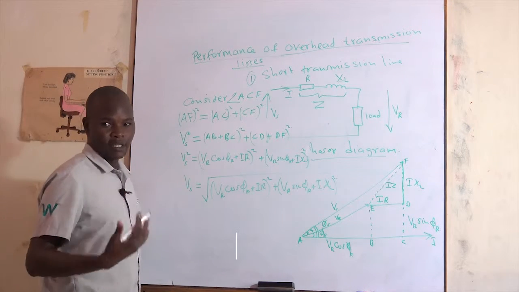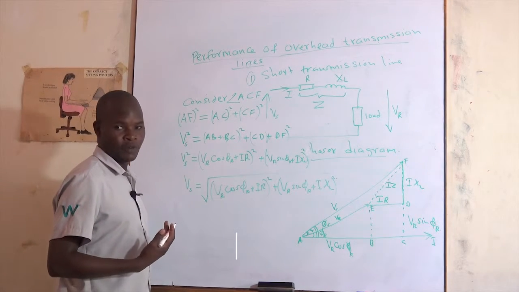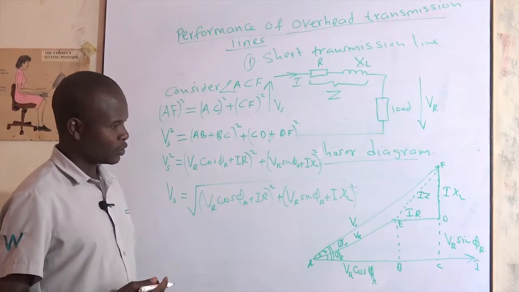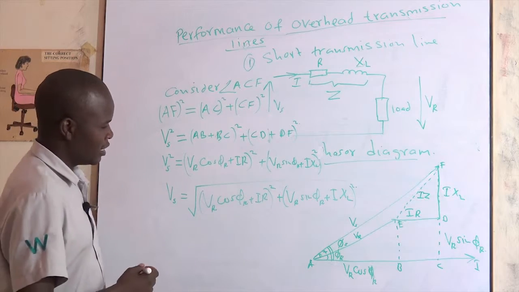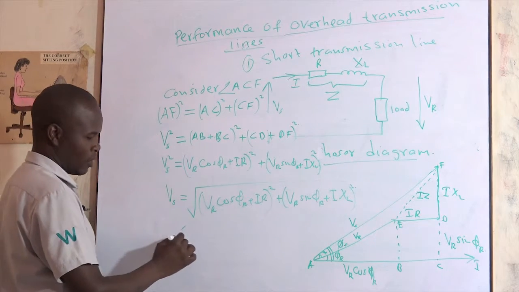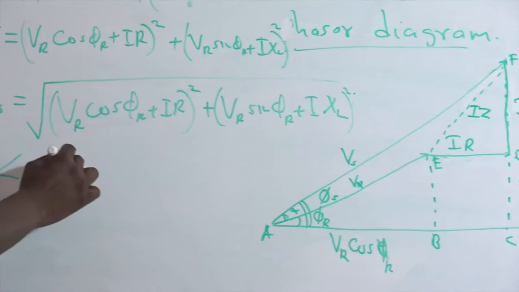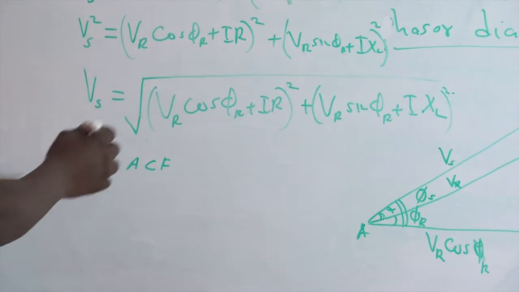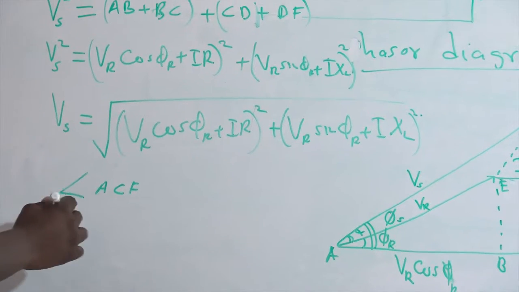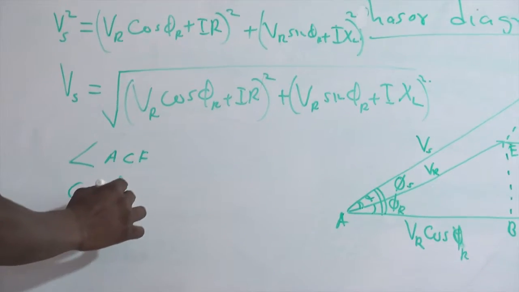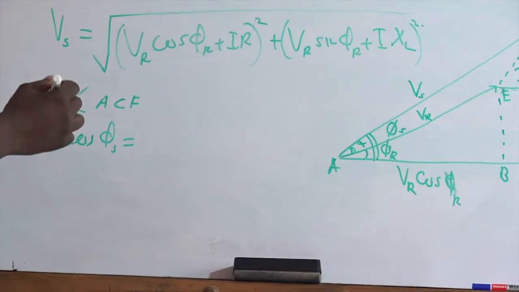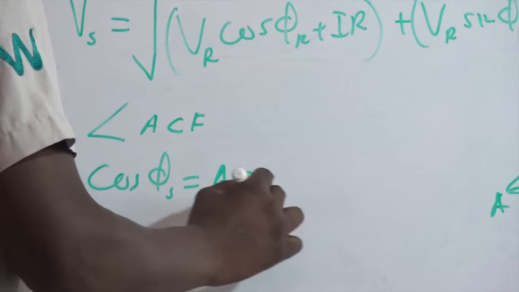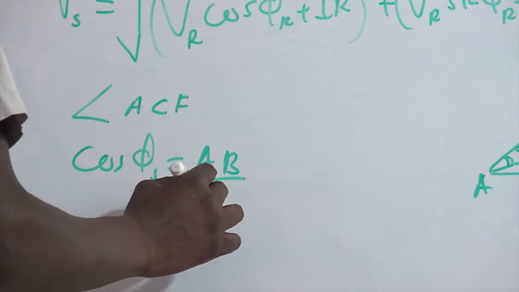If you are asked to derive the expression for sending end power factor using the same triangle, the same figure, consider triangle ACF, the bigger triangle, and using SOHCAHTOA, cos phi s is given by the adjacent, which is AC, over hypotenuse, which is AF.